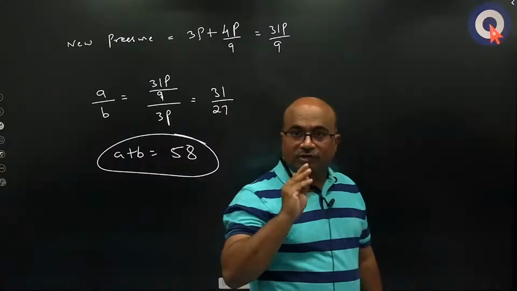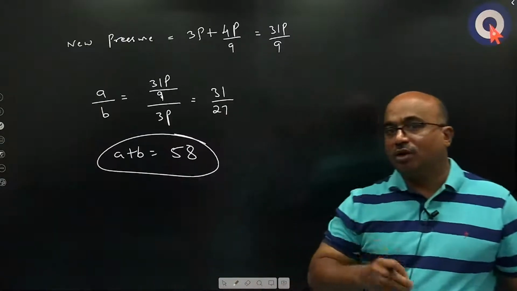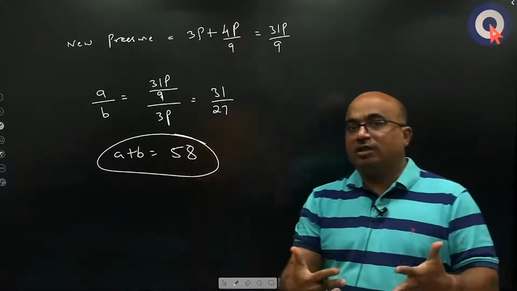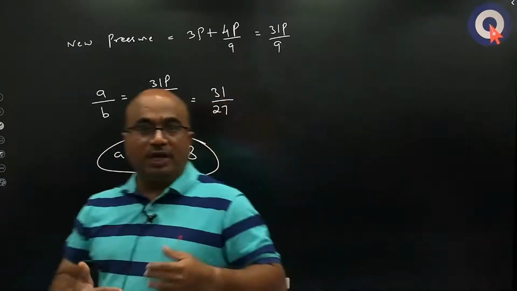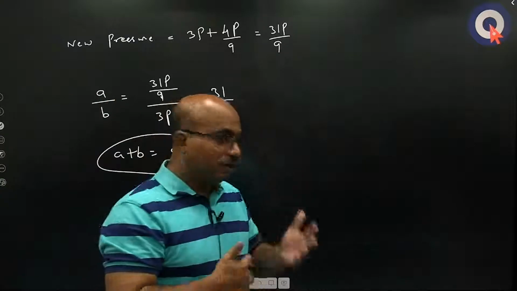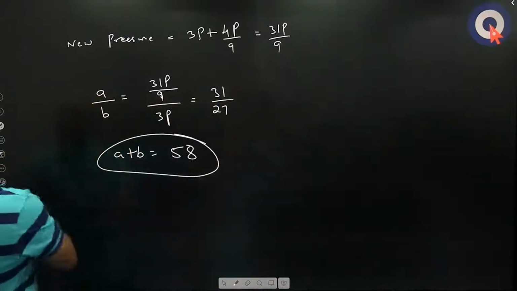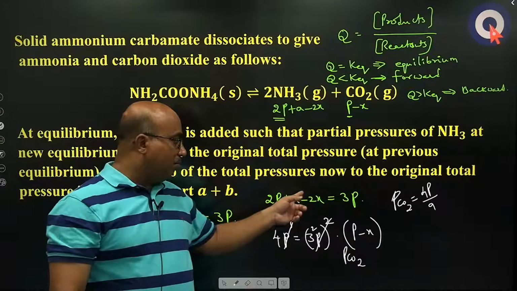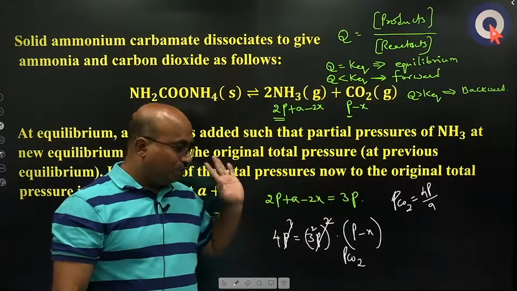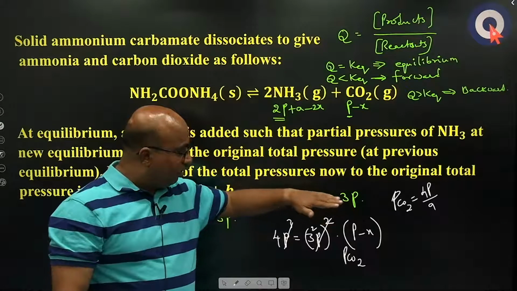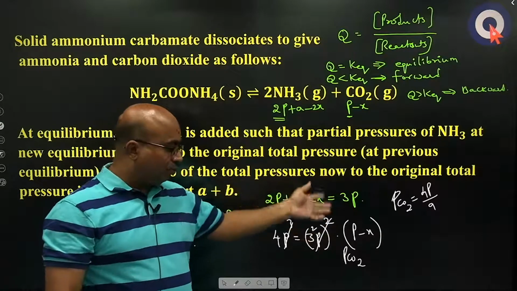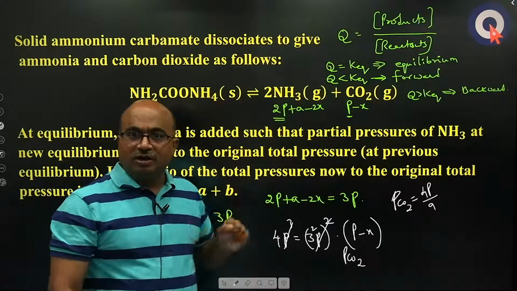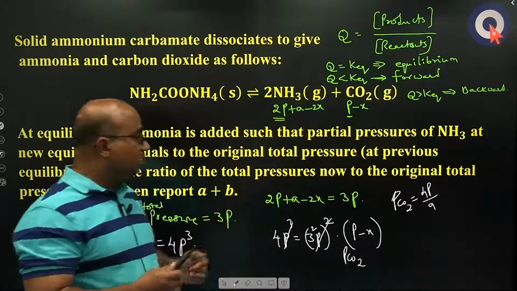So what was the situation? When we wanted to derive, different variables are there. Try to think about in a sense how we can obtain these pressures and everything. So just go through here carefully. This 2P plus A minus 2X value is 3P. If we try to solve it as A minus 2X value or anything, the unknown quantities are so many, so try to minimize these variables.